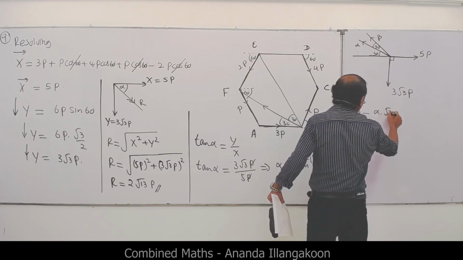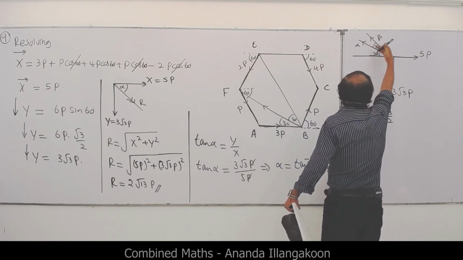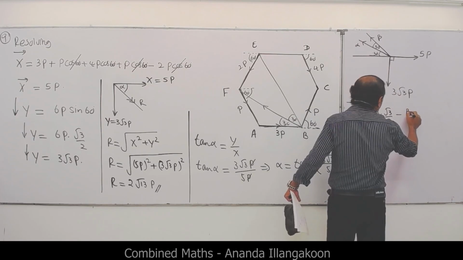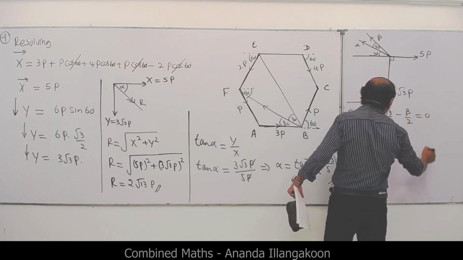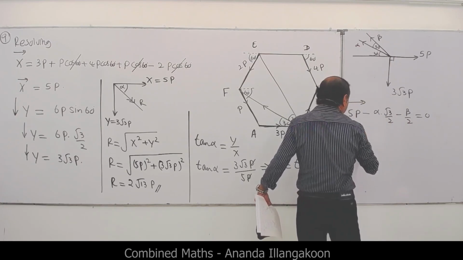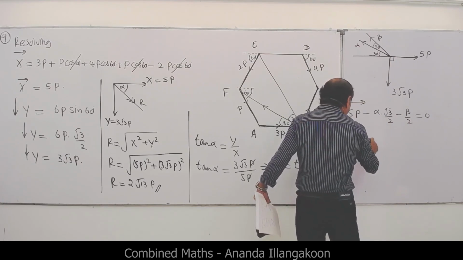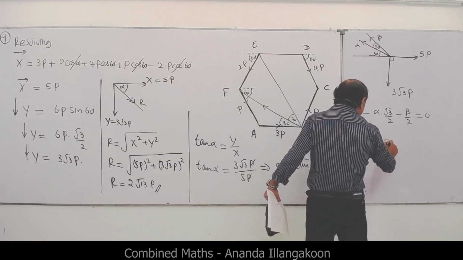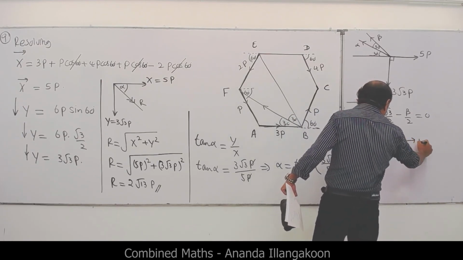Cos 30 is root 3 by 2. Minus beta cos 60; cos 60 is half, so beta by 2, should be equal to 0. Then take this to the right hand side and multiply by 2. Beta plus root 3 alpha is equal to 10p. Number 1.